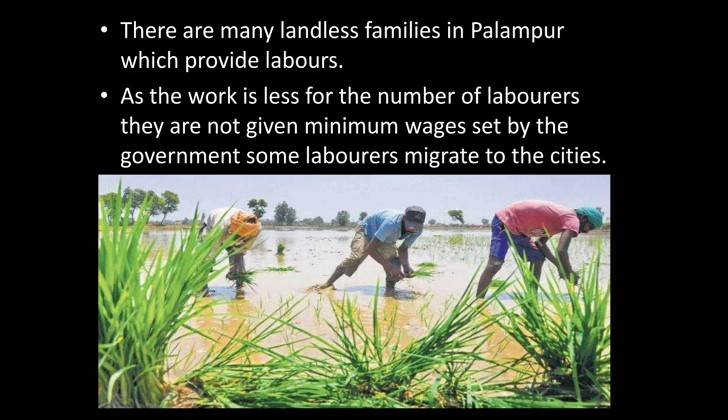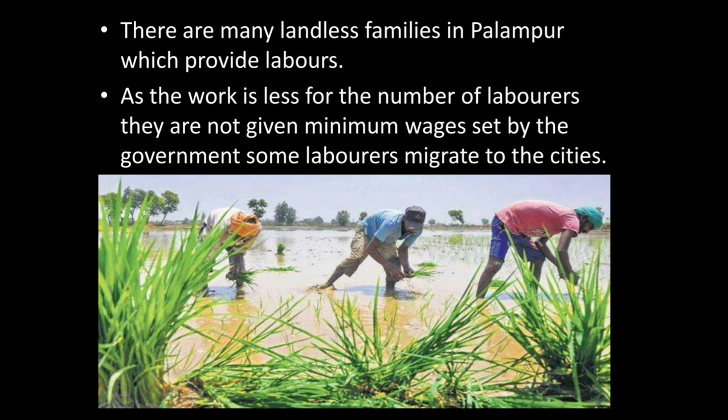Well, the government decides a price which is called the minimum wage rate, mainly in order to prevent exploitation of labor. So the government fixed a price below which you cannot hire a laborer, or up to which you have to pay a laborer.